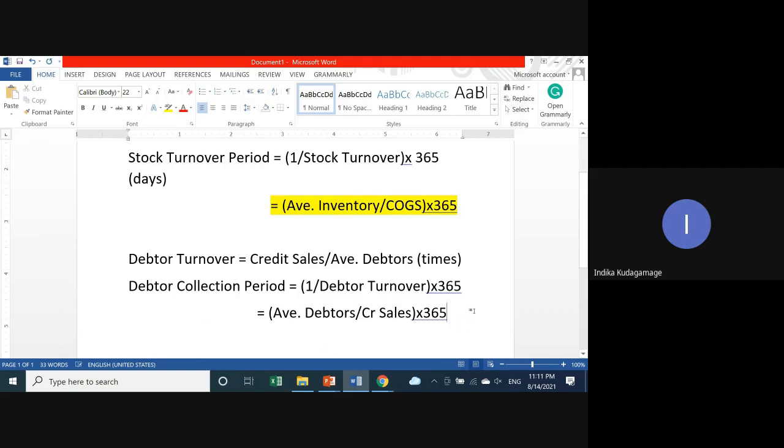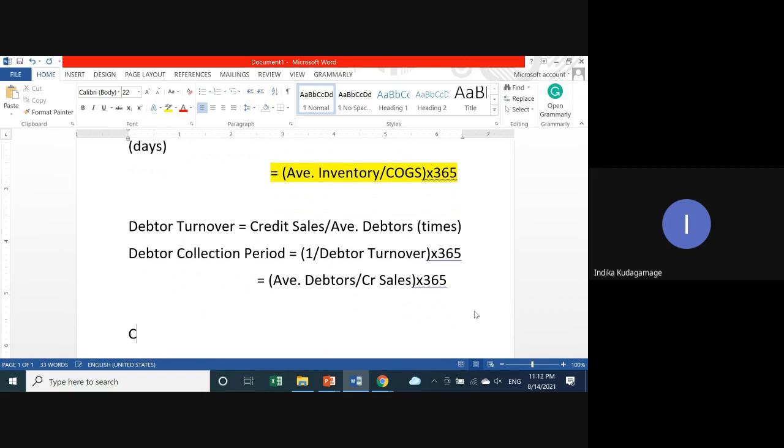Then we come to creditor turnover. Right? That is equal to cost of goods sold divided by average creditors. That also comes as times. How many times per annum do you settle your creditors?